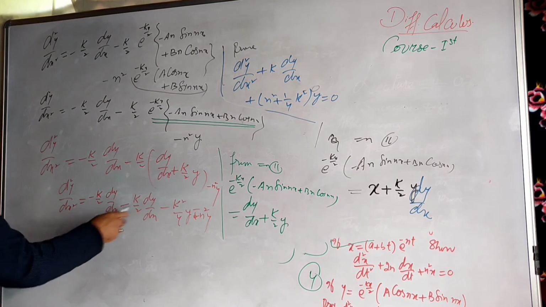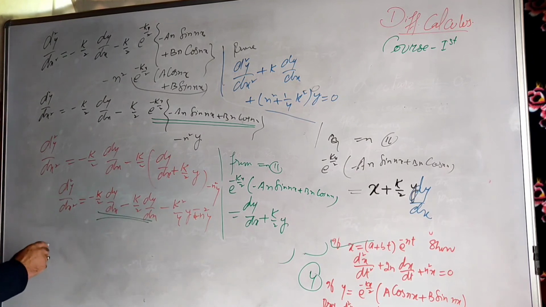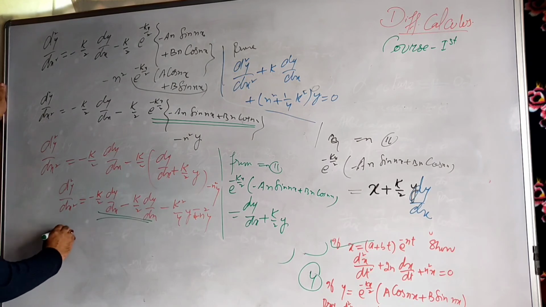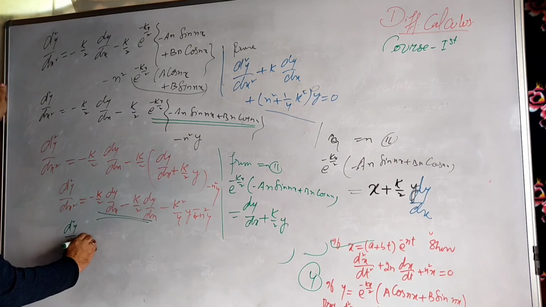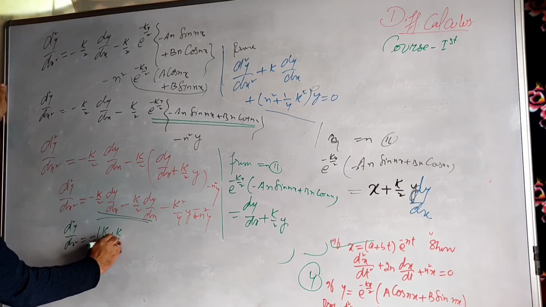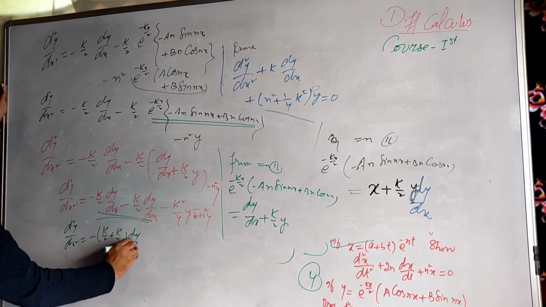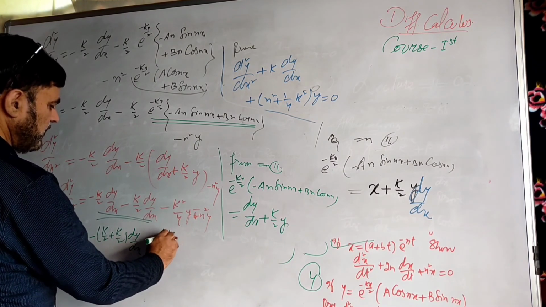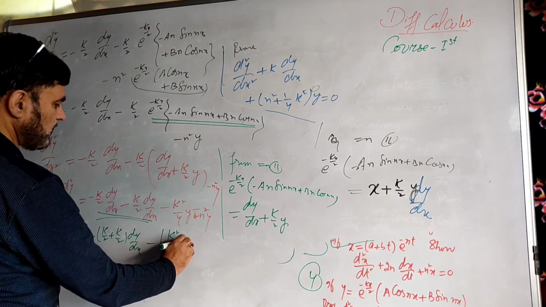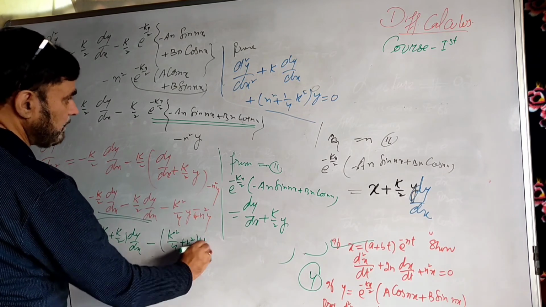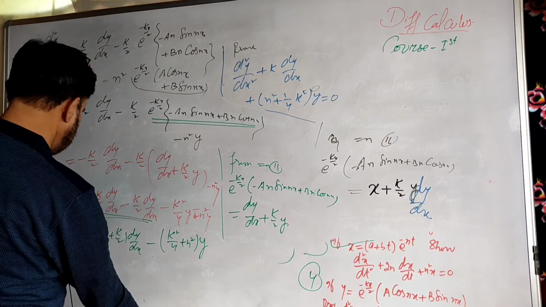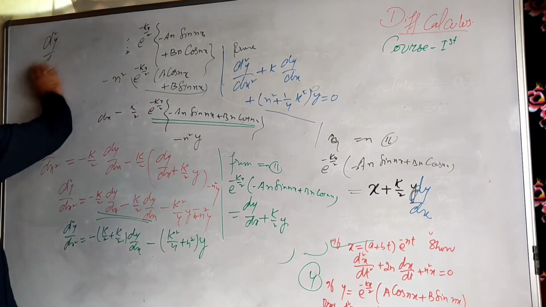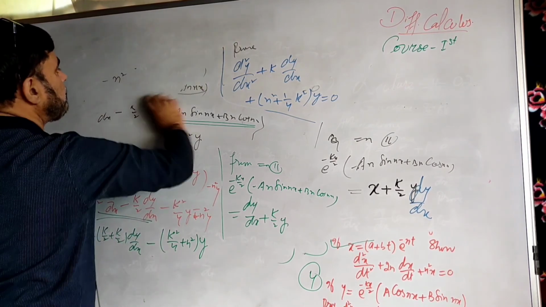Now connecting these two, when you connect these two, what you get? d2y by dx square is equal to minus k by 2 minus k by 2 times dy by dx. Then here take minus common, it is k square by 4 plus n square times y. So transposing this to this side, you get the required result.